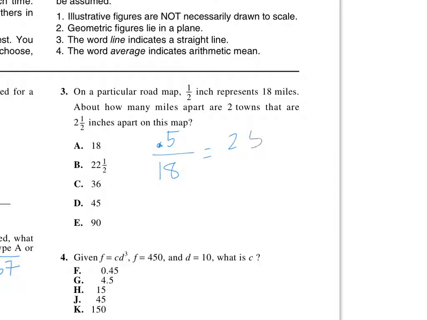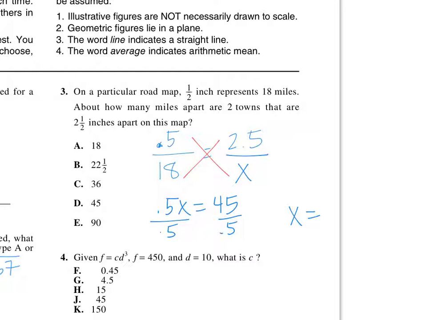So 2.5 inches is how many miles? And then a little cross multiply here. 0.5x equals 18 times 2.5, 45. Divide by that 0.5, and we get x equals 90.